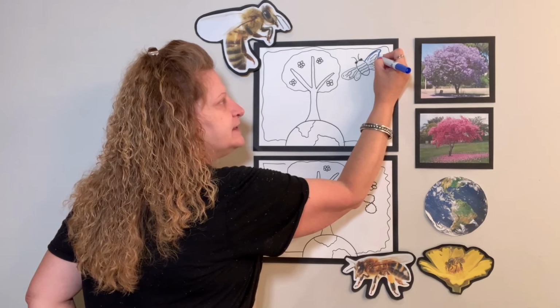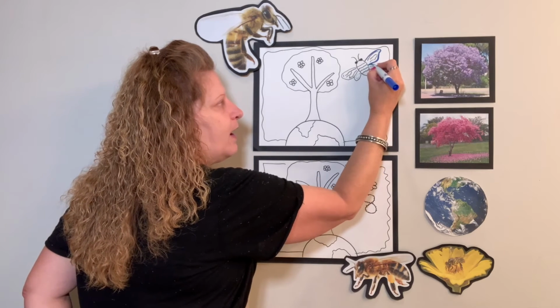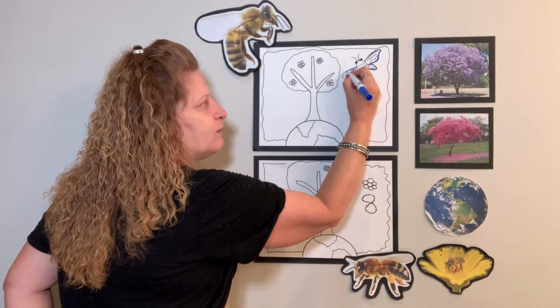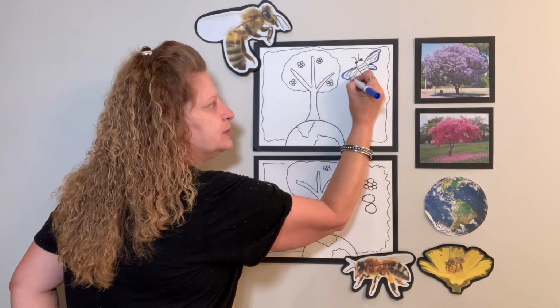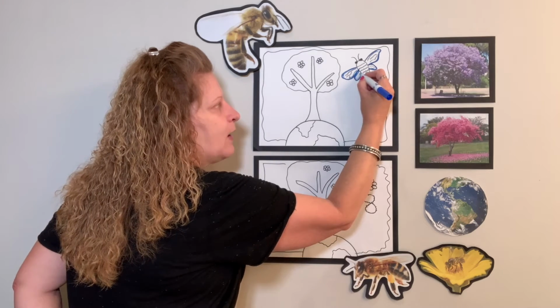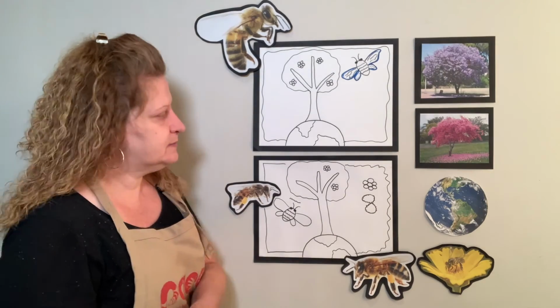And so simply what we're doing right now is we are tracing around our black line that we drew so that we now can see the blue marker along the edge of our black line. And so there you go. There is my blue.